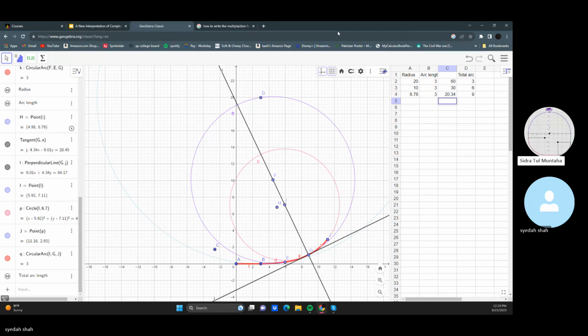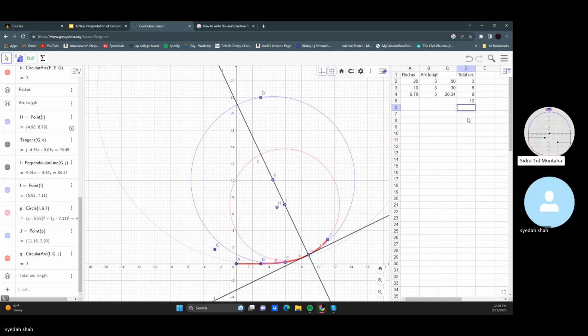So if you are going to add 3 to 9, what would be your total arc length? 12. Yes. So you can write the total arc length would be 12. Oh, no, for the next circle, which you have to draw now.